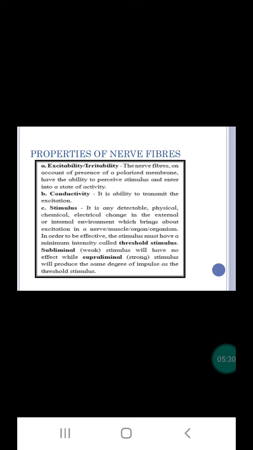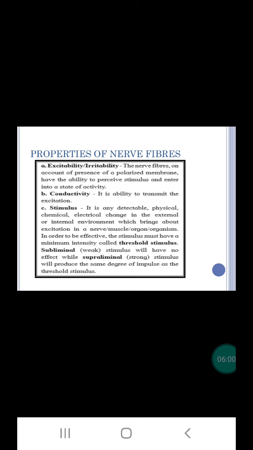Now there are a number of properties of nerve fibers. First is excitability. So the nerve fibers, on account of presence of a polarized membrane, have ability to perceive stimulus and then enter into a state of activity. It is also called irritability. So whenever a stimulus is obtained, the nerves get excited.